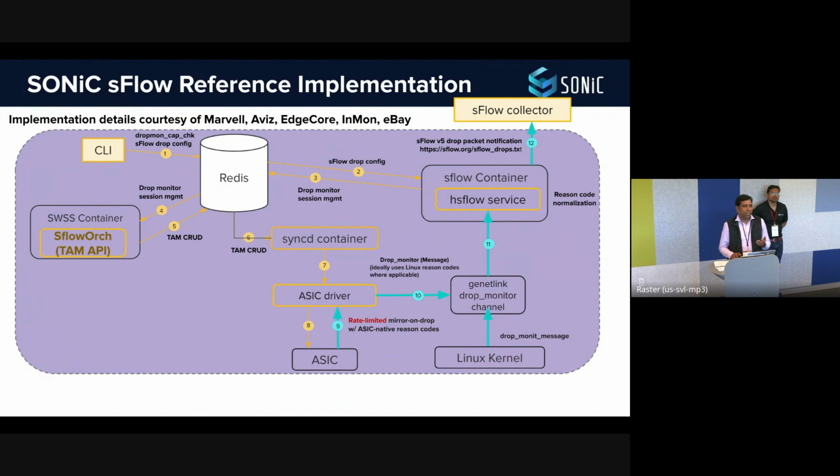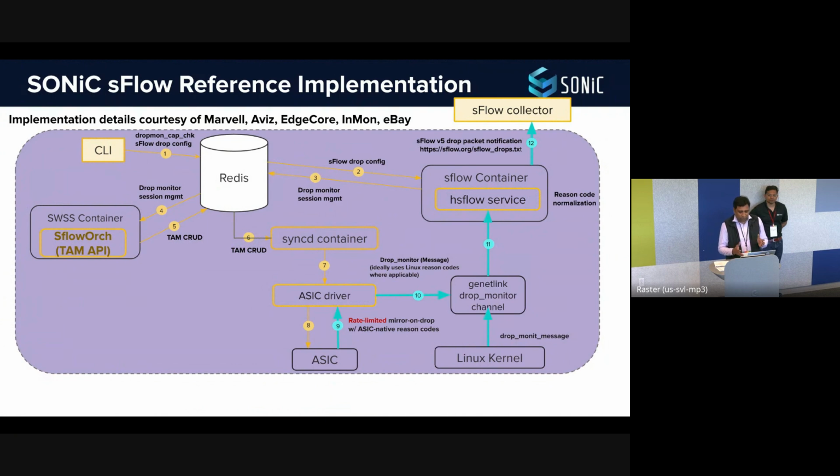Whereas the syncd service has an sFlow orchestration, which uses the telemetry and monitoring API, which essentially manages both drop monitor session handling as well as the rate limiting. And when it comes to the packet drop notification path, the ASIC driver detects the packet drops with the drop reasons, and it also applies various optimizations like rate limiting for drop notifications.